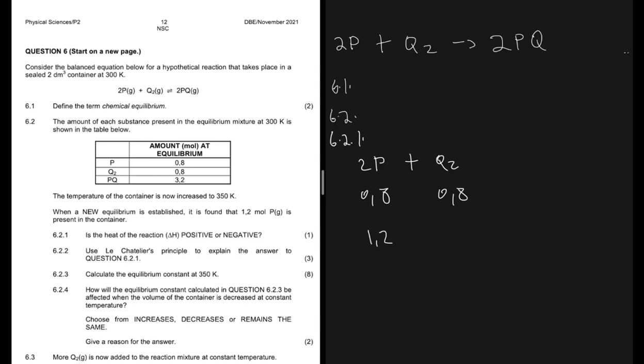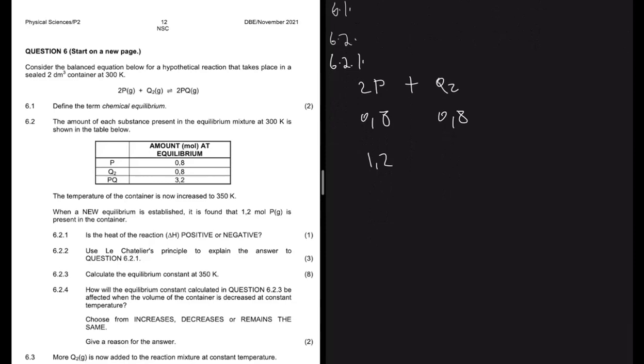So that's why now we have more reactant. If you increase the temperature, the reaction that will be favored is endothermic, and that's the reverse reaction. So the enthalpy, or the heat of the reaction, of the forward reaction is negative. So our answer for 6.2.1 will be negative, because the reverse reaction was favored by an increase of temperature. If the forward reaction was favored, then we would say the heat of our reaction is positive.